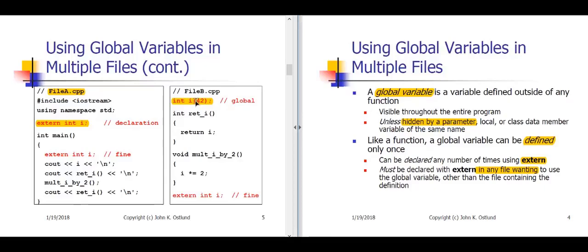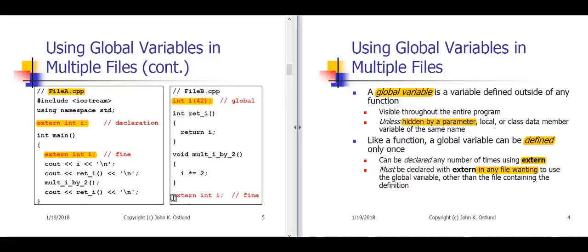We're permitted to have as many extern declarations as we wish, anywhere that we wish. So in file a.cpp, we're saying extern int i above main. We're also saying extern int i within main. That's fine. That's just declaring the same global variable as extern.